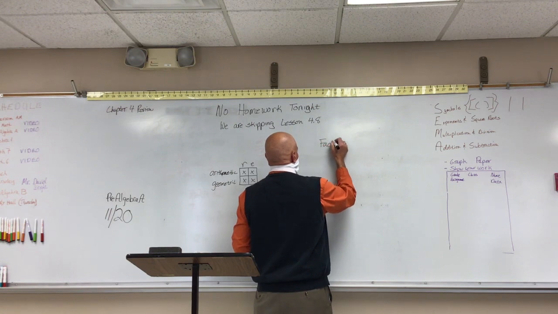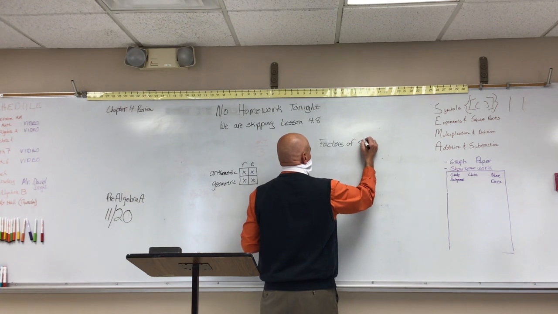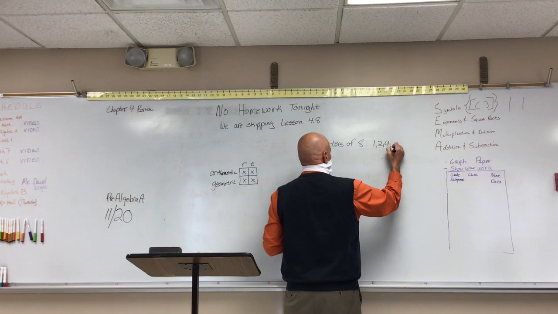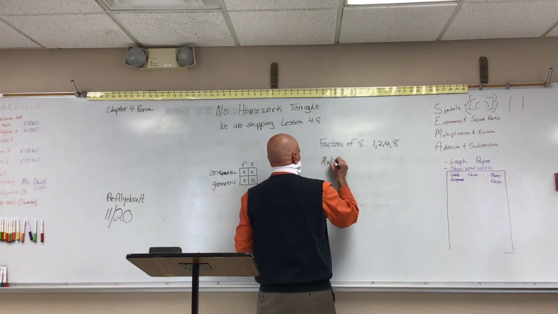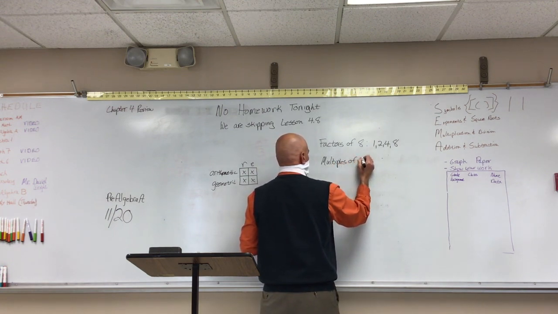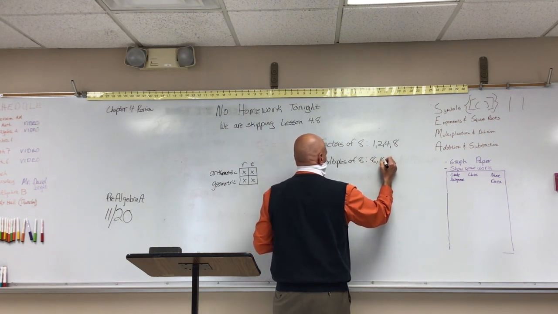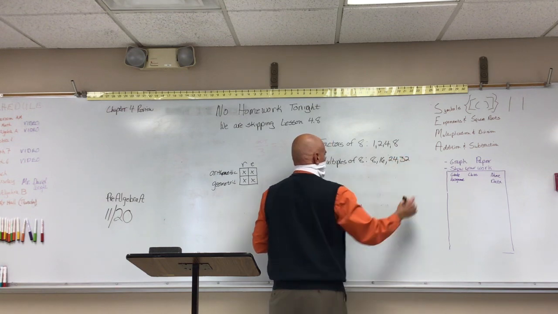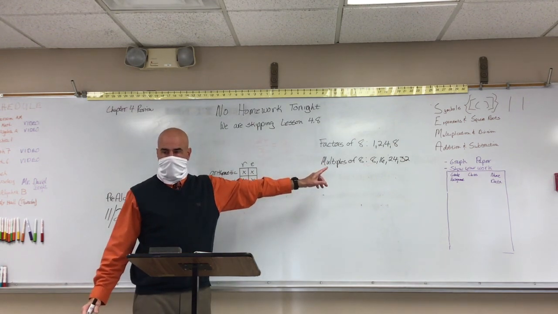Factors, we'll just pick out a number of 8. Factors of 8 are 1, 2, 4, and 8. Multiples of 8: 8, 16, 24, 32, right? And it should make sense that 8 is in both sets.